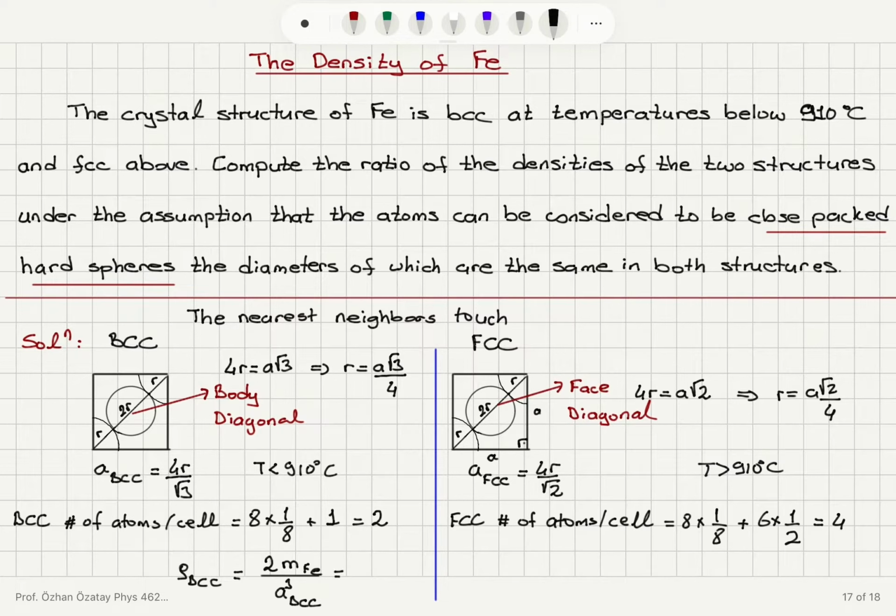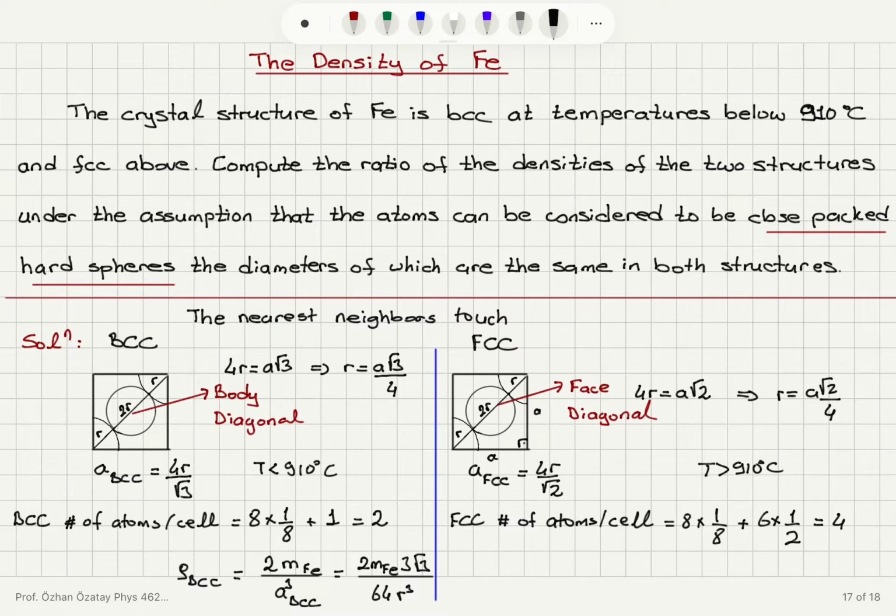So we see that a_BCC was 4r over √3, so this will be equal to twice the mass of iron, 3√3 divided by 64 r cubed. So that is the cube of 4: 4 times 4, 16 times 4, 64. 64 r cubed and 3√3 on top.